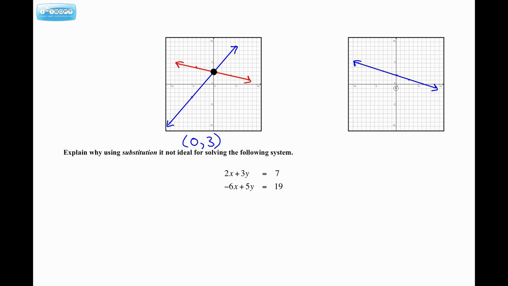So there's my y-intercept. But I have to go down 5 and right 6, or I can go up 5 and left 6. I can actually see the intersection already. Let's just trace out the line right there.